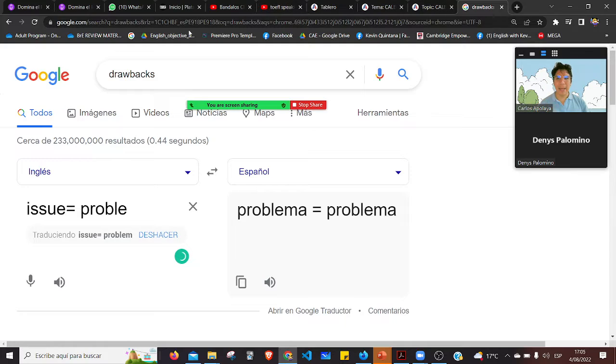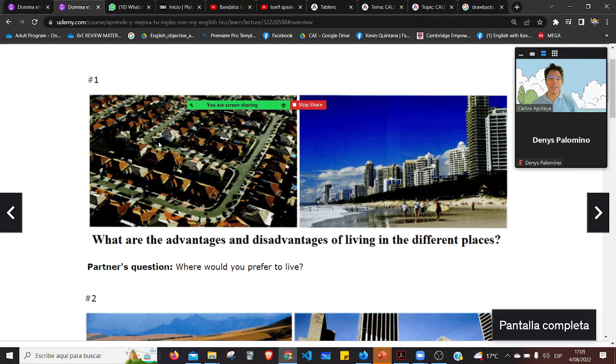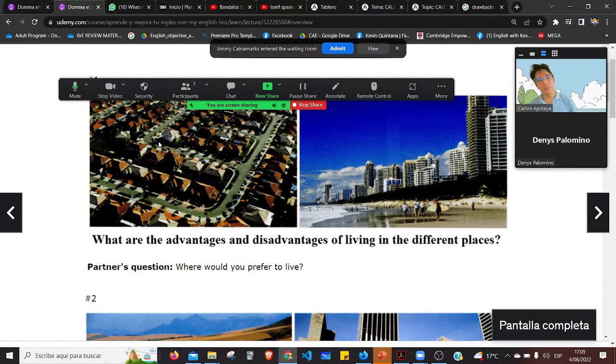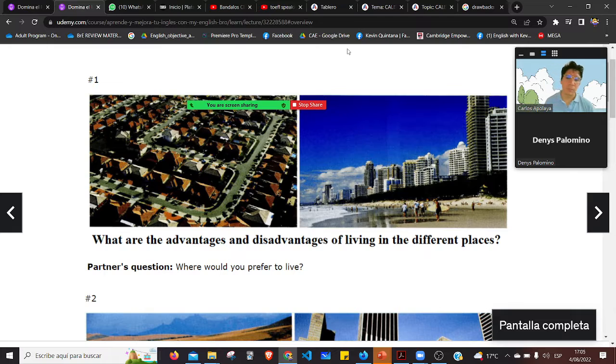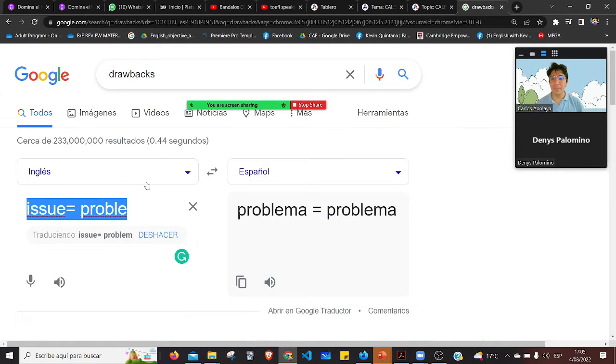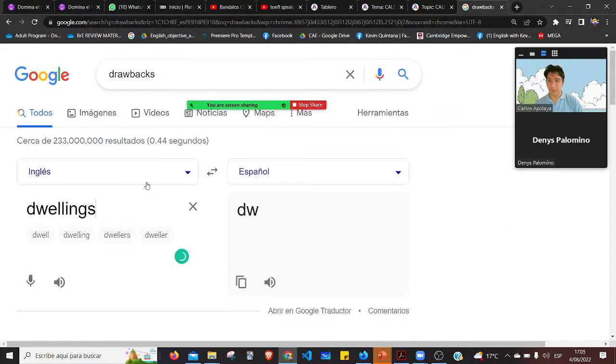And what about the picture on the left? I can't see any green areas, only a lot of houses there. A lot of dwellings. Do you remember that word? Dwellings, yes, viviendas.